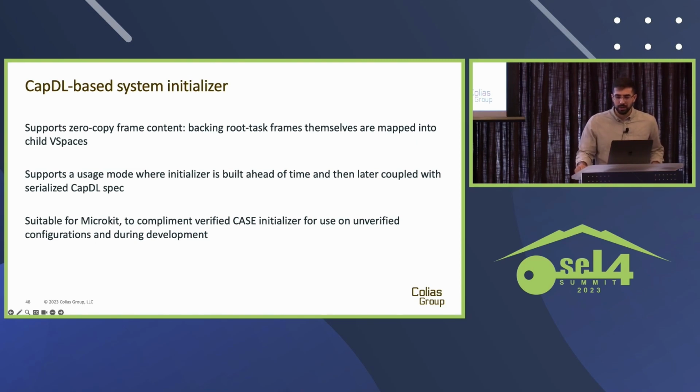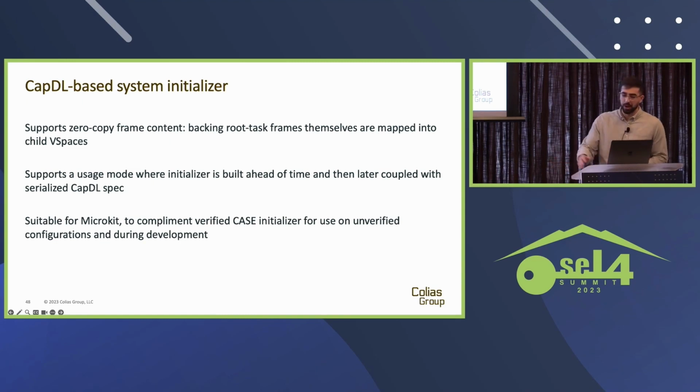And the Rust CapDL initializer is similar to the C one that we all know and love, with two key differences. It supports a means of mapping carefully ranged pages of the root task itself directly into protection domain vSpaces to avoid wasting unreclaimable root task memory resources.